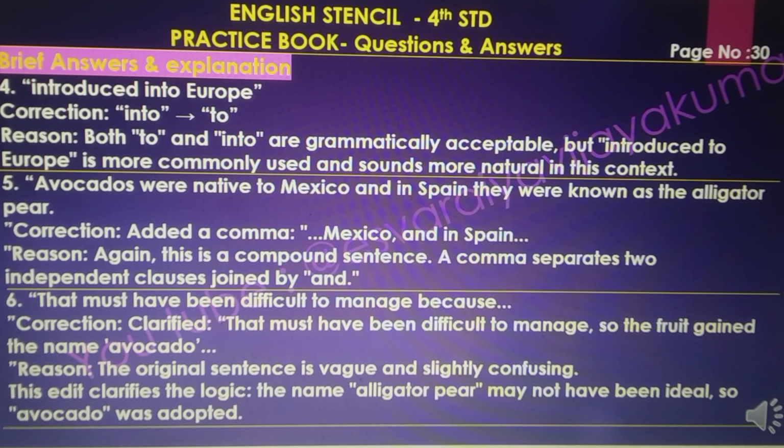The correction: that must have been difficult to market, so the fruit gained the name avocado. The reason: the original sentence is vague and slightly confusing, and this edit clarifies the logic. The name alligator pear may not have been ideal, so avocado was adopted.